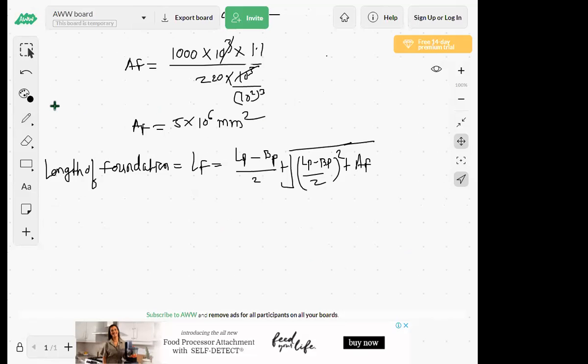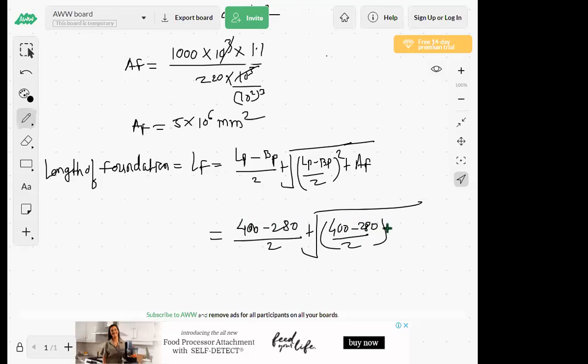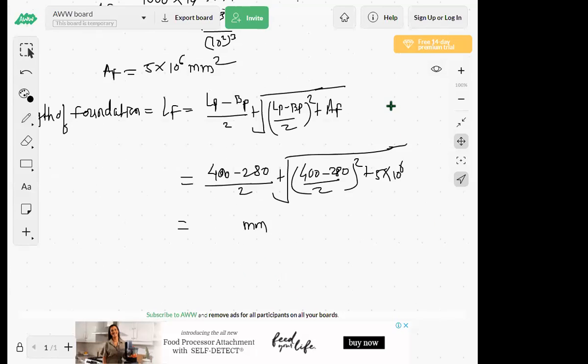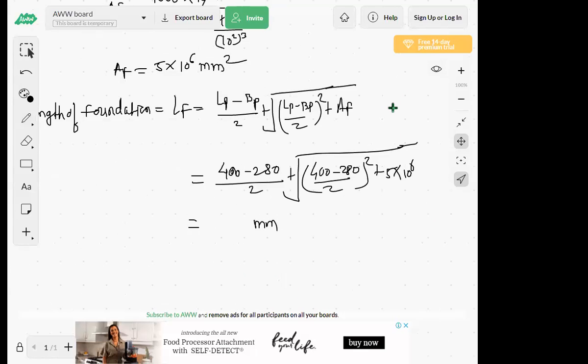So now LP is 400 minus BP is 280 divided by 2 plus under root of again 400 minus 280 divided by 2 square plus this 5 into 10⁻⁶. So tell me now length of foundation. Do the calculations.